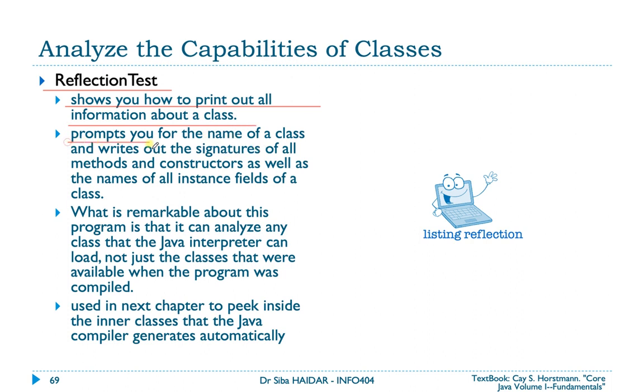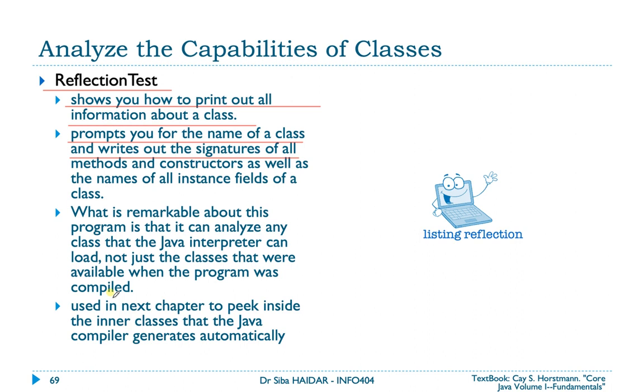It will prompt you for the name of the class of your choice and write out the signature of all the methods, the constructors, as well as the names of all the instance fields of a class. What is remarkable about this program is that it can analyze any class that the Java interpreter can load, not just the classes that were available when the program was compiled. So you can create a class, and this program will analyze it.